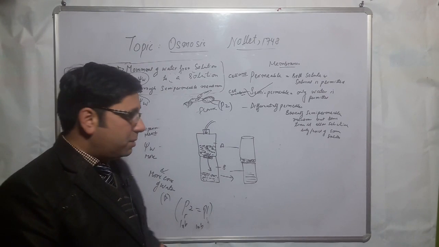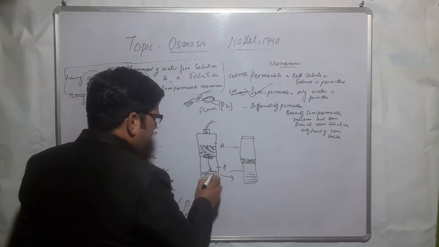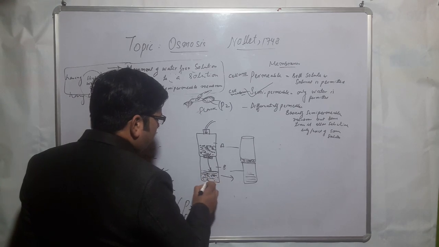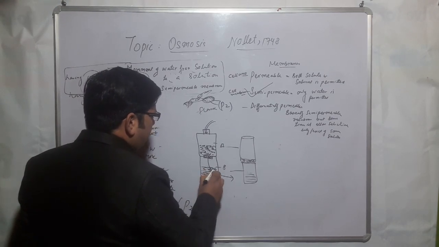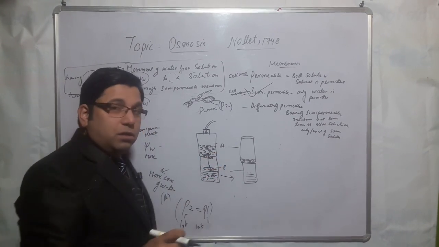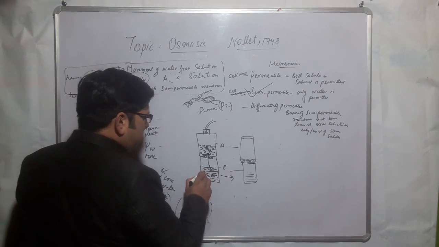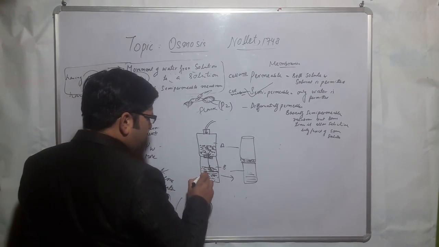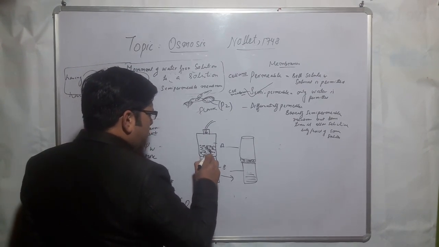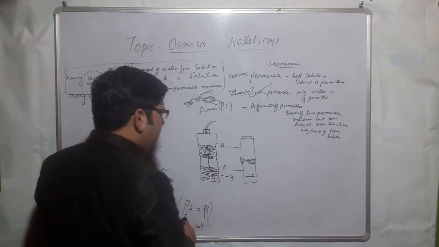If you remember, water should have moved if it was a pure solvent. Osmosis was that water will move from the pure solvent to the concentrated solute through a semipermeable membrane.